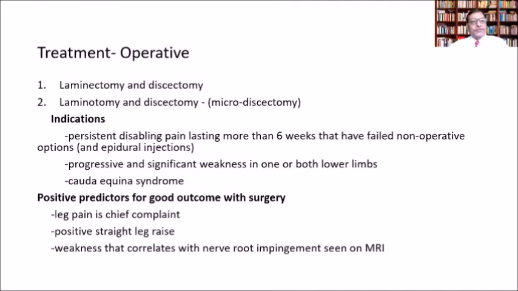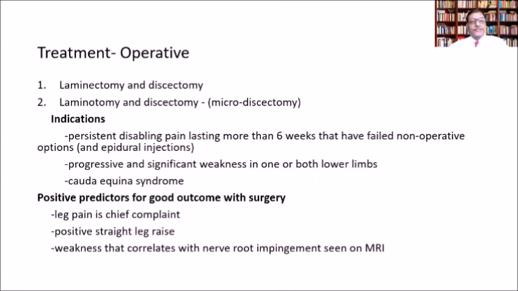Indications could be persistent disabling pain lasting more than 6 weeks that has failed non-operative options, including epidural injections. Progressive and significant weakness, if found in one or both limbs, is an indication for surgical intervention, as well as cauda equina syndrome, which requires urgent surgery.